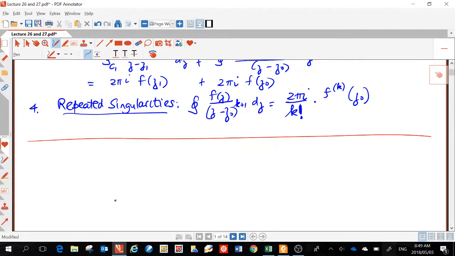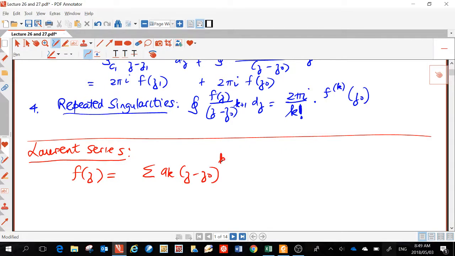So I broadened this understanding to Laurent series, where I said that a function f of z can be expanded as the sum of a_k (z minus z naught) to the power k, k equals 0 to infinity. That's the Taylor series part. You have positive exponents. Plus, you could have some b_k (z minus z naught) to the power minus k, from k equals 1 up to infinity.